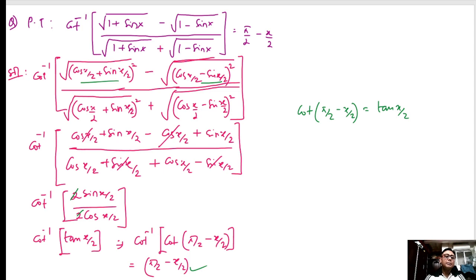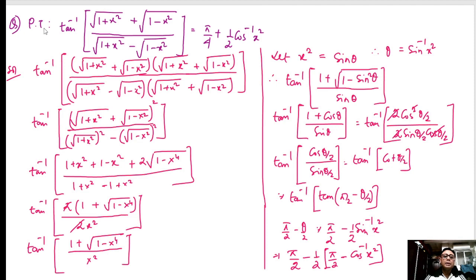Next, prove that tan inverse of this is coming this. So let's first rationalize the denominator. What we have done is that we are multiplying the denominator, rationalizing the denominator. As you can see, we are multiplying with the opposite sign here, plus. So we are multiplying with the opposite sign, up and down.